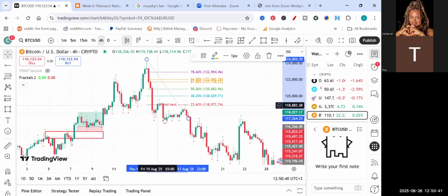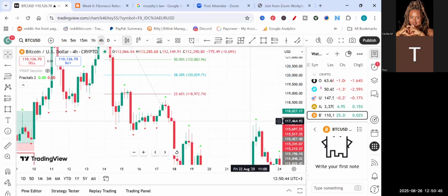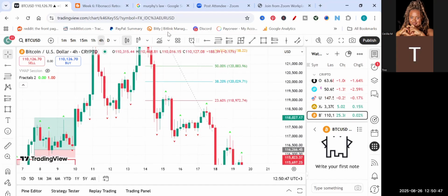Now, when I come there, I come and get the fib, because this is the support level. So I look for the swing point, sorry, the candle that formed the swing point here.